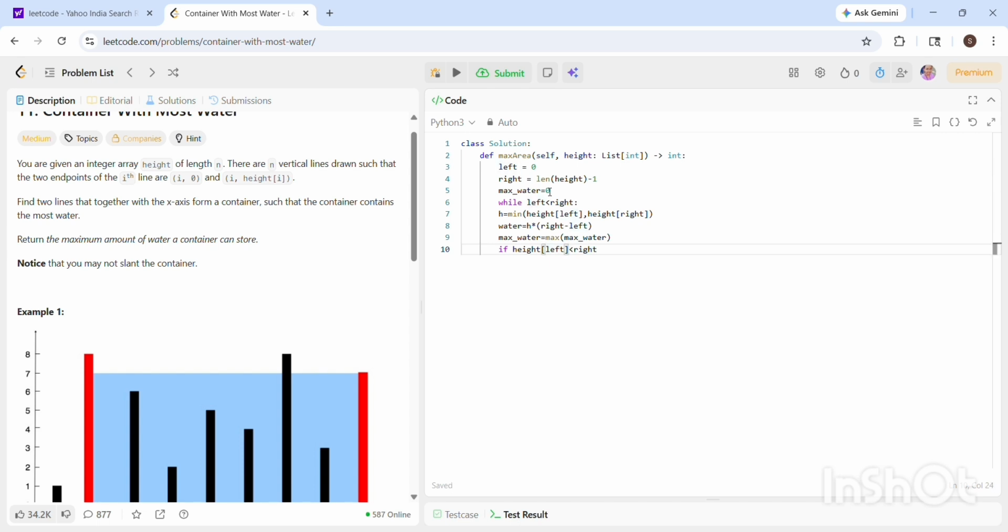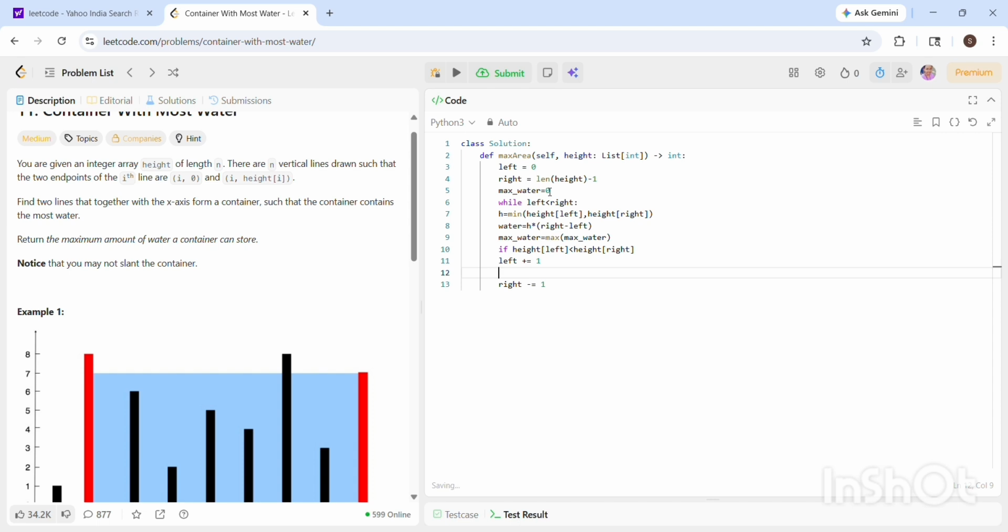This condition only checks which is the taller one, and only then can we find how much water capacity is stored in that container. Next we go with the else part, the right one, because for the same height we move the right pointer inward. The width is always shrinking, so the taller wall replaces the current shortest one.